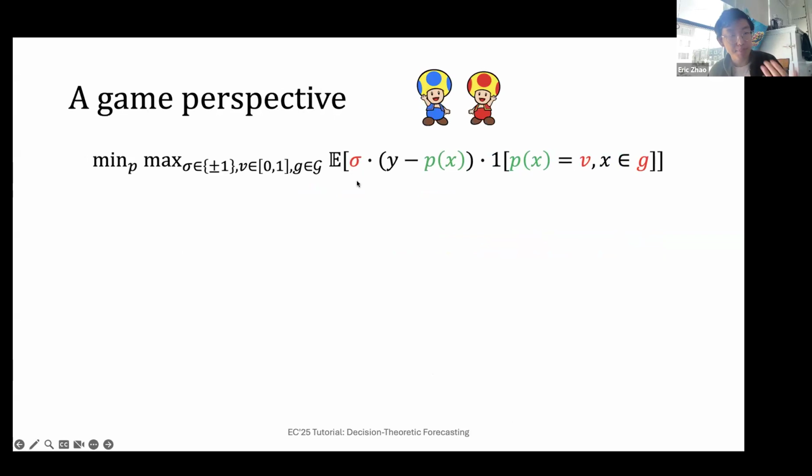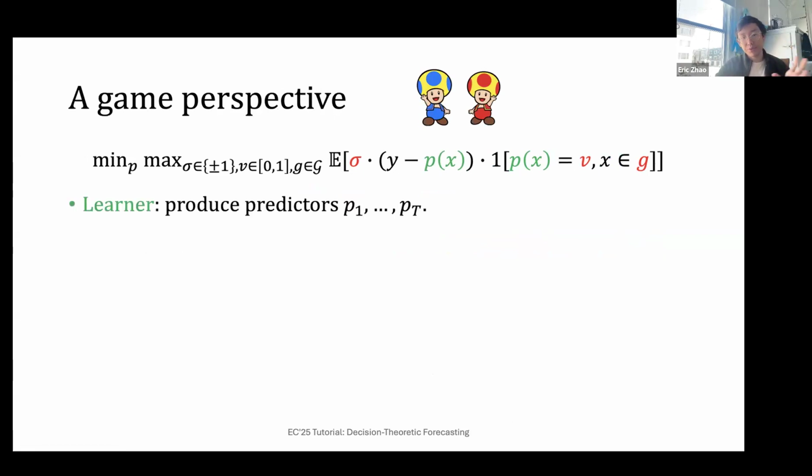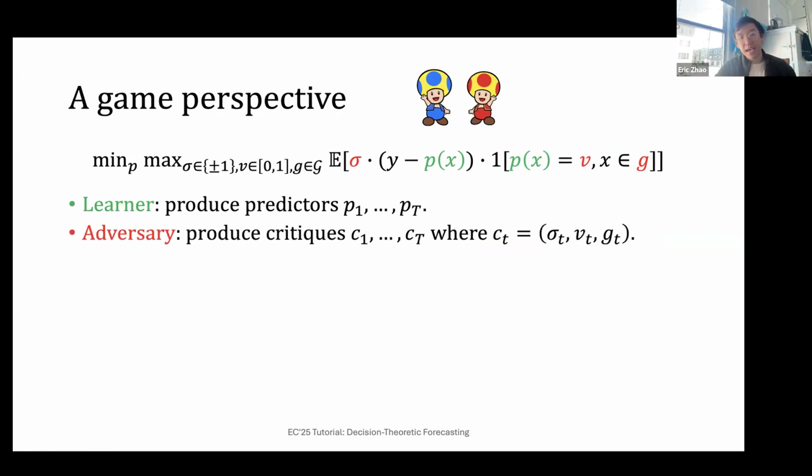And so if we take a game perspective, let's imagine there are two players here. The first is the learner, and their job is to produce a predictor. Let's say they actually produce a sequence of predictors, so we're considering a multi-round game. We also have an adversary, and their job is to pick out where the predictor is biased and shouldn't be.